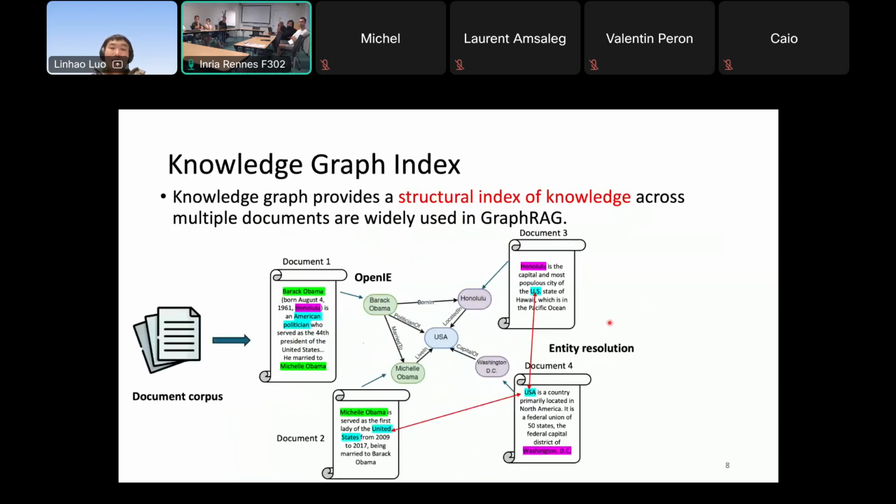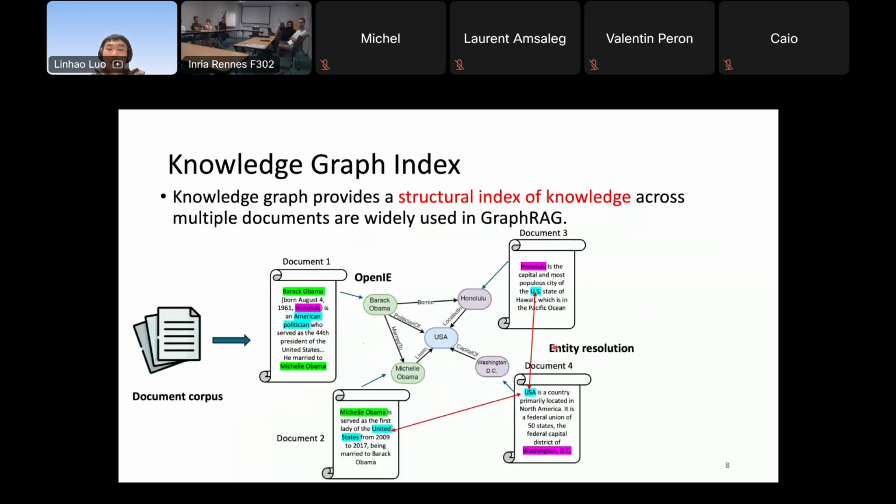So recently, instead of utilizing the document-level graph structure, there are lots of researchers focusing on utilizing a knowledge graph as the index. The knowledge graph can provide a structured index of knowledge across multiple documents. It can provide a more fine-grained relationship between the knowledge.